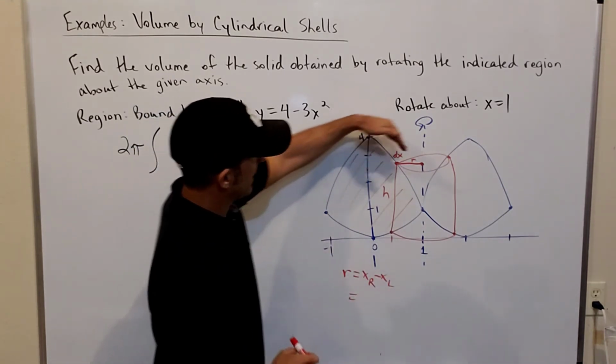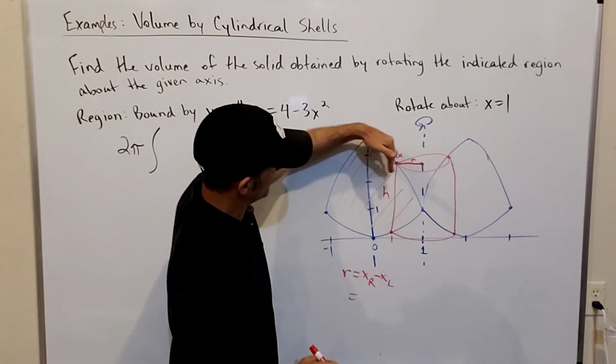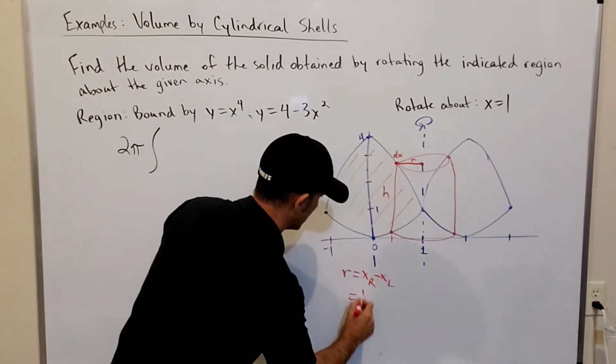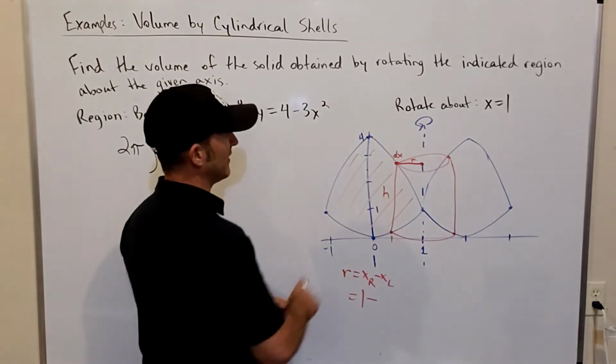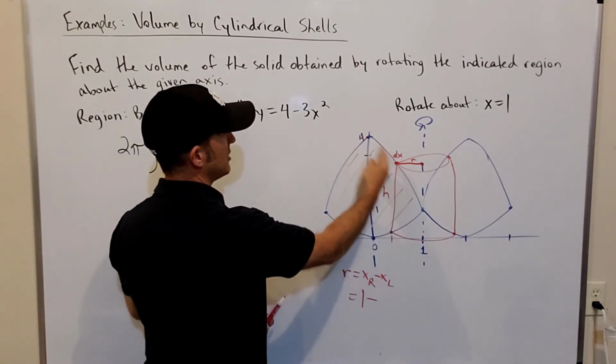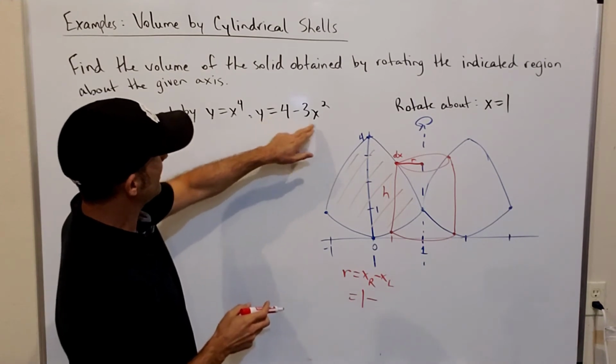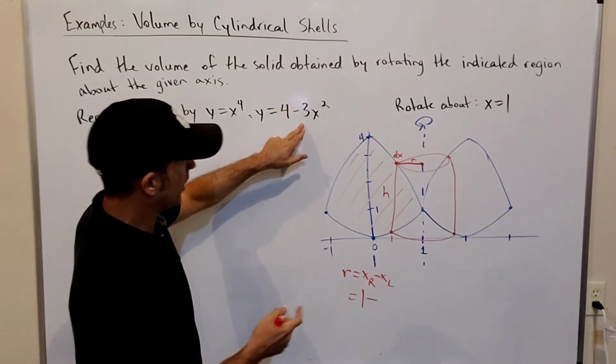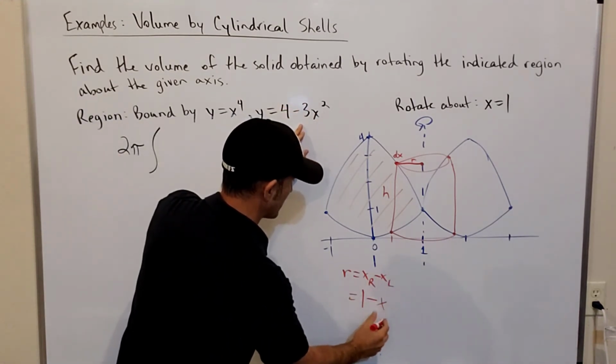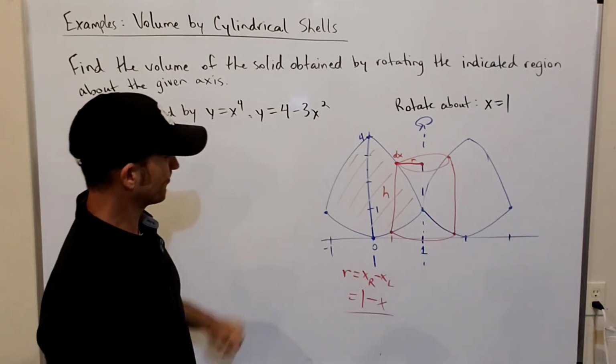And in this case, the rightmost x, no matter where I draw my cylindrical shell, is the constant of 1, minus my leftmost x's variable based on this curve. I know that y is 4 minus 3x squared, but I don't want y, I want x, so I just put x, okay, the variable x.